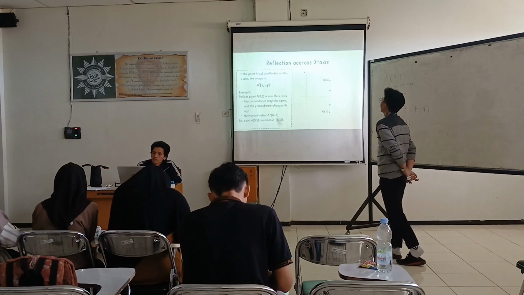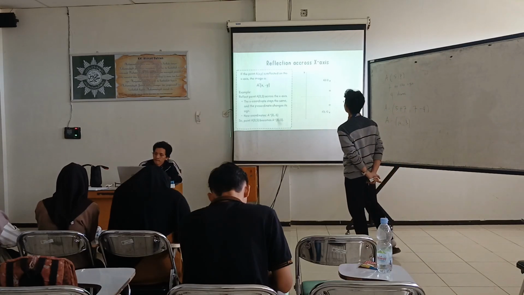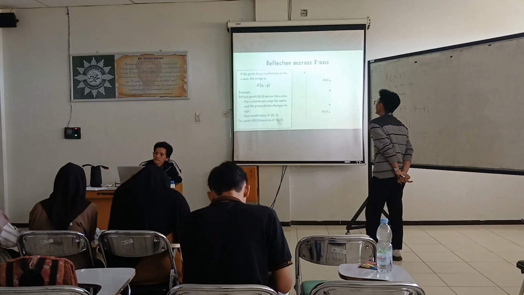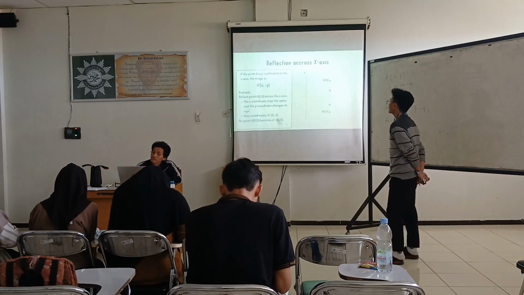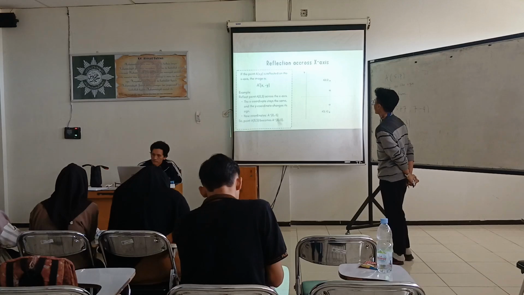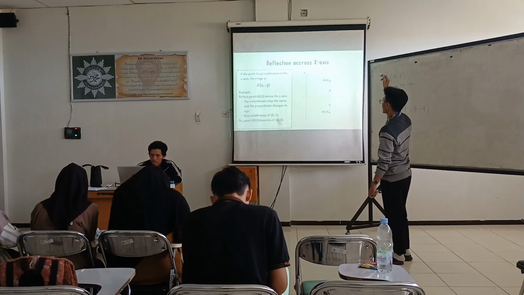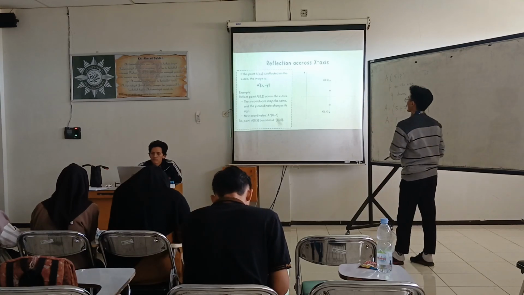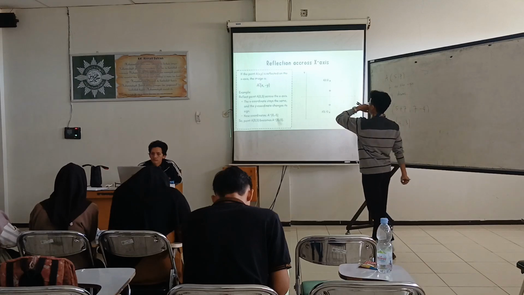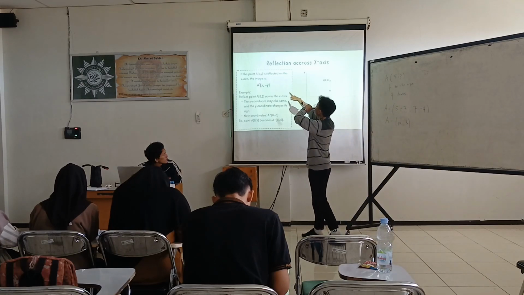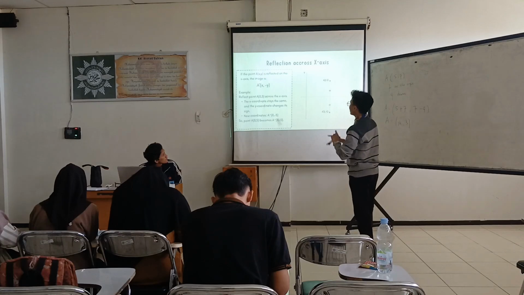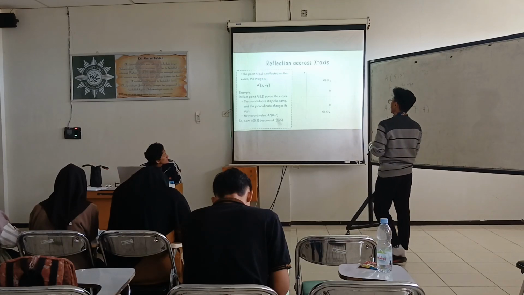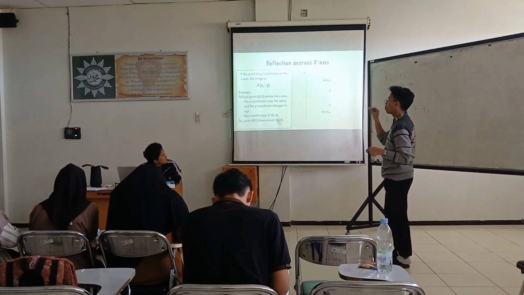So we have reflection across the x-axis. If the point A, x and y, is reflected on the x-axis, the image is A' x and minus y. We need to notice and remember this.